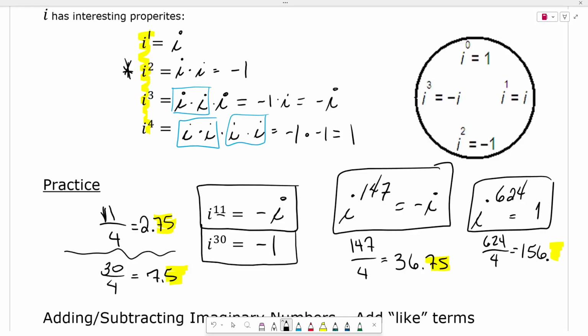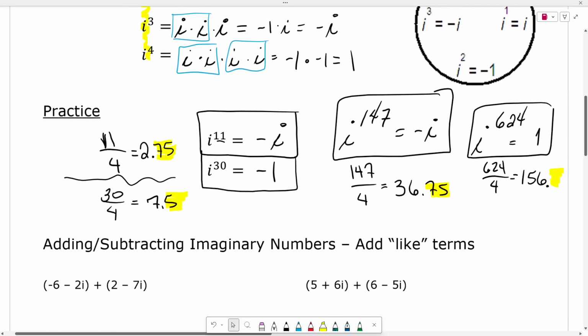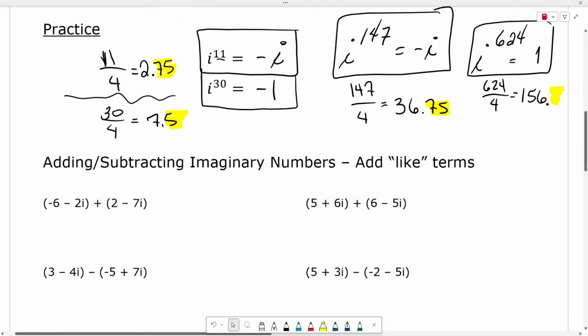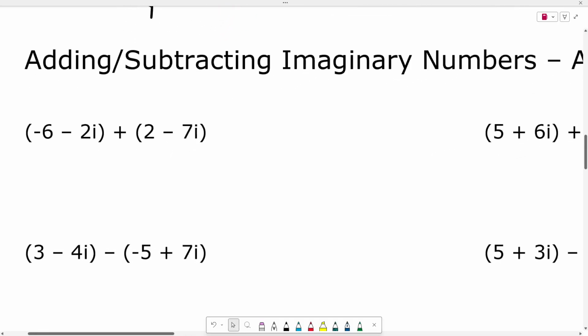Now we can also do other things with our imaginary numbers. Adding and subtracting imaginary numbers is the same thing we would do if we treated it like a variable. We're just going to collect like terms. Looking at this one, it says negative 6 minus 2i plus 2 minus 7i. I collect my like terms: I have negative 6 and a positive 2, which together make a negative 4.